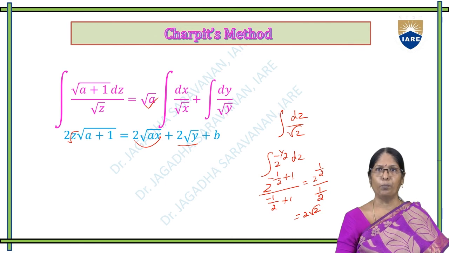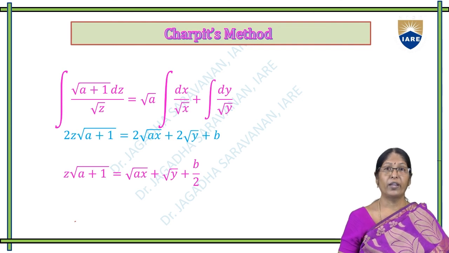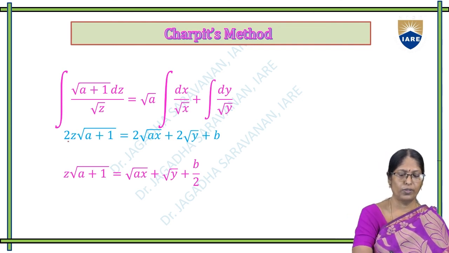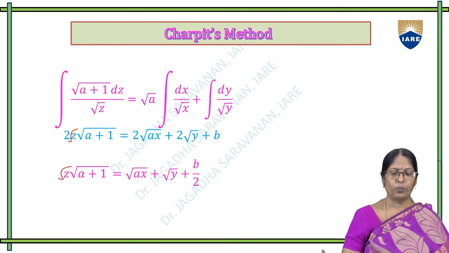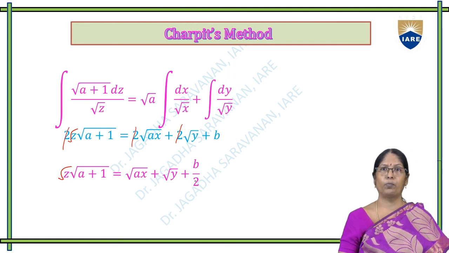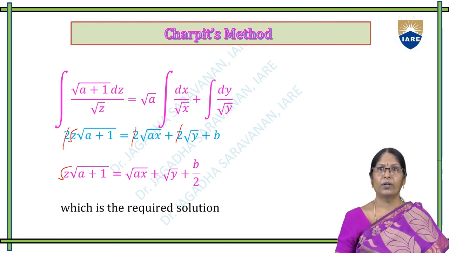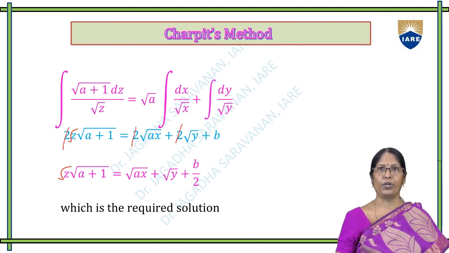The constant we added as b. So throughout, if you're noticing, 2 is common, cutting here, so that b is becoming divided by 2. So we obtained root z of root of a plus 1 equal to square root of a times root x plus root y plus b by 2, which is the required solution.